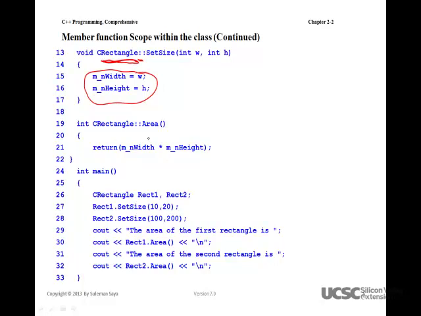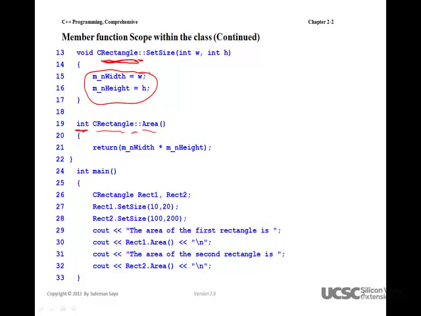And then at line number 19, my area function starts. Similarly, for the area function, the compiler must be told that area is a member of cRectangle. So that's why there is a scope resolution operator with the cRectangle class name. Also notice that the return type is there for the function. This return type int means this function is returning an int.